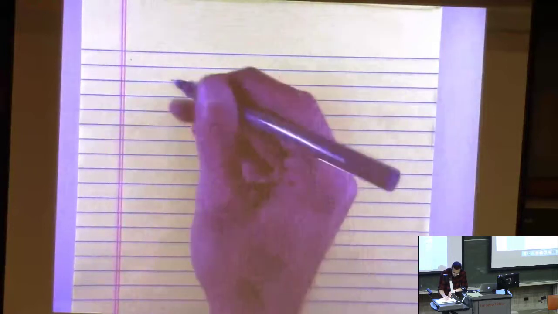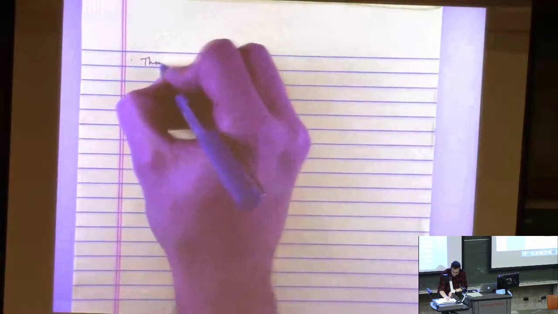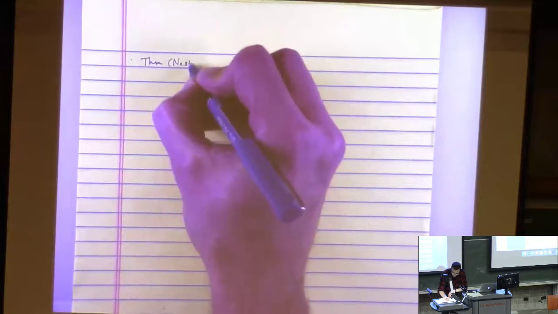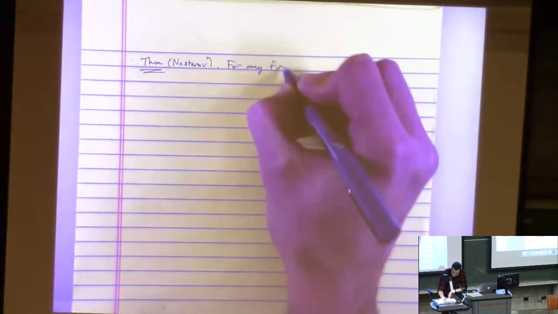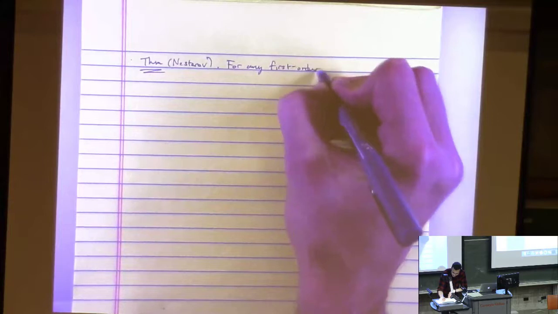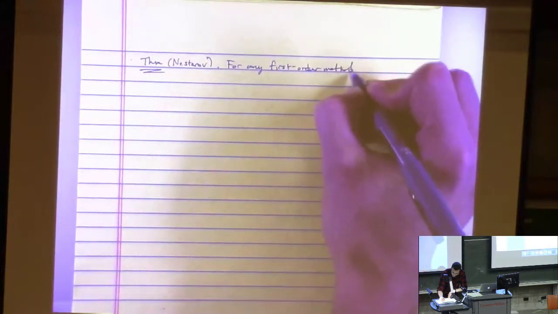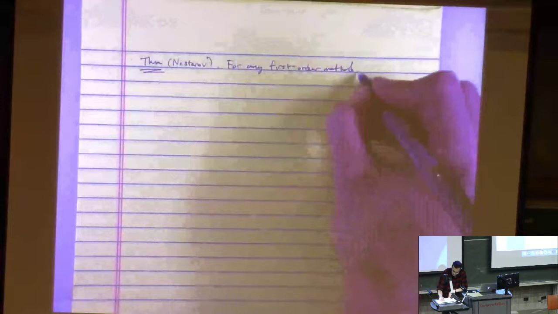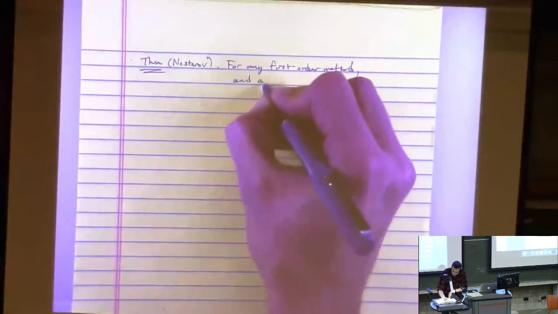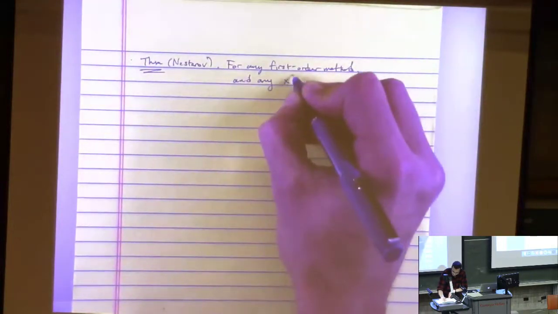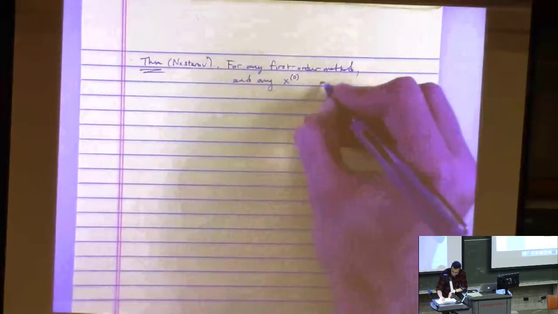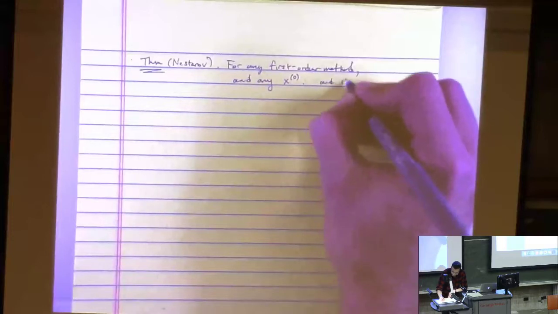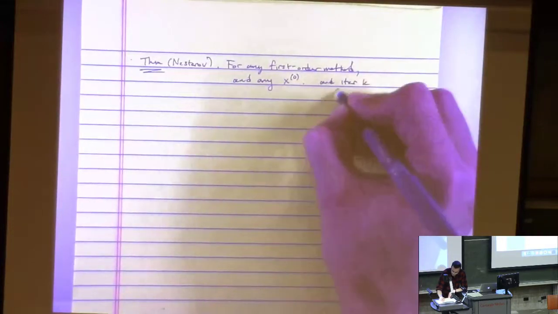The lower bound says something like, just to paraphrase, this is Nesterov's lower bound. For any first order method, and any initialization, and any iteration k that's not too large.